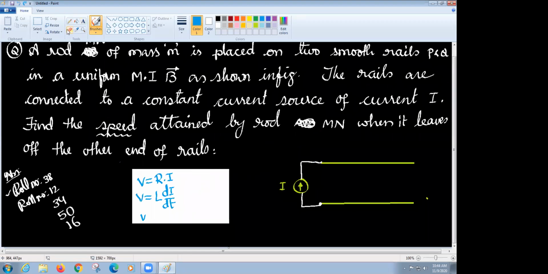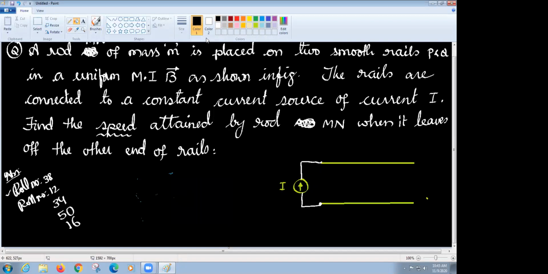Okay, so whatever, this is simple stuff. There is no big deal. Now, let me put my conductor on those two rails. So I have my rod.